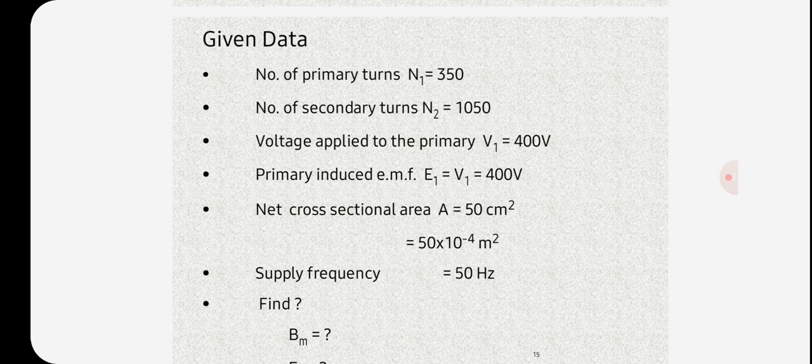Net cross sectional area A is equal to 50 centimeters square, that is equal to 50 into 10 to the power of minus 4 meters square. Here the centimeters will be converted to meters, that is 10 to the power of minus 2 meters, and since it is squared, that is 10 to the power of minus 4 meters square.